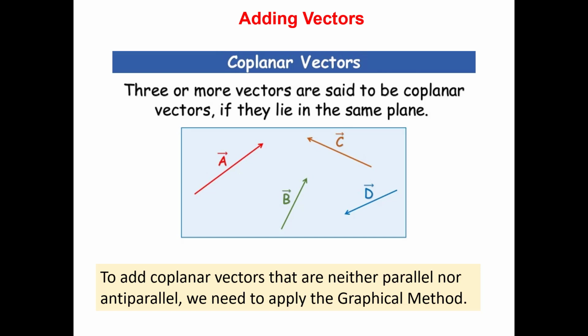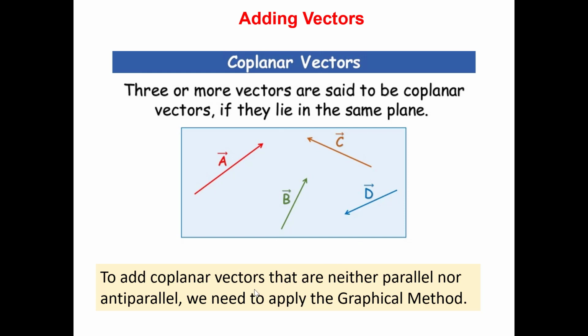And now, how can we add coplanar vectors? What are coplanar vectors? They are vectors that lie in the same plane. All these vectors, A, B, C, and D, lie in the same plane.